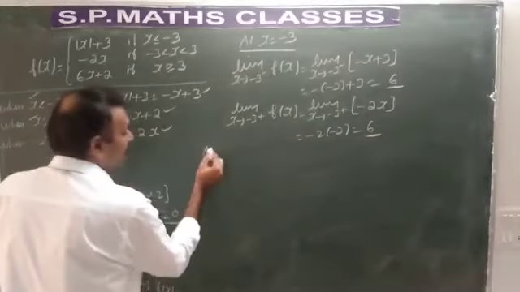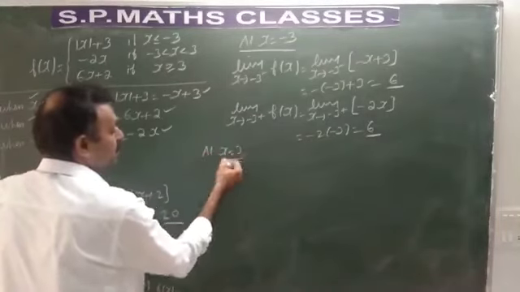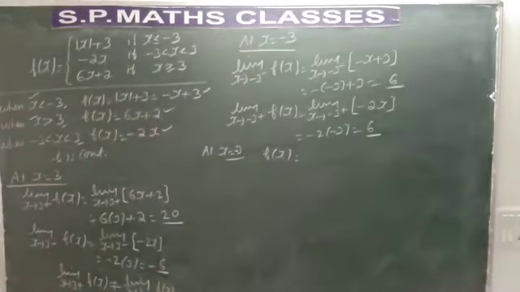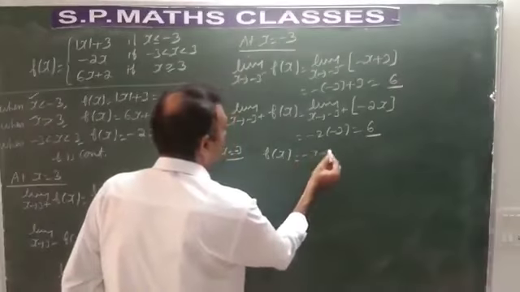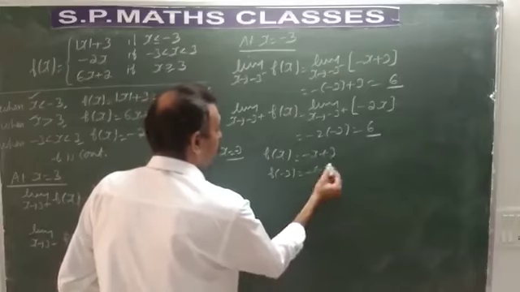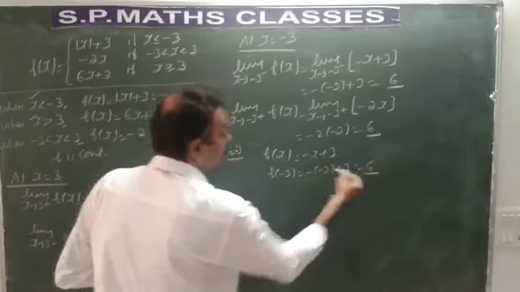I take x is equal to minus 3. See what f of x is equal to. Which is the function for x is equal to minus 3? Identify which function to be taken for x is equal to minus 3. So we have to take that as minus x plus 3 only. So minus of minus 3 plus 3 is equal to 6.